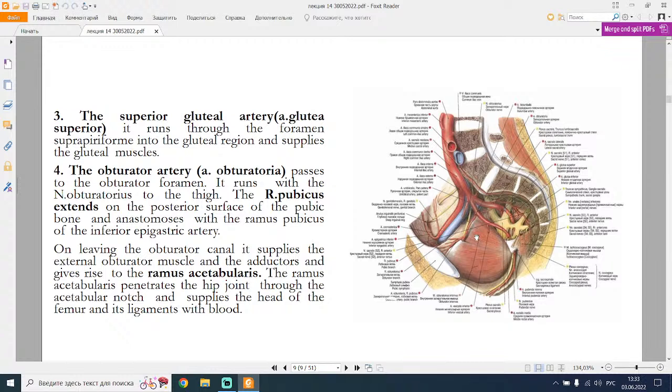Next artery, arteria obturatoria, passes to the obturator foramen. It runs with the nervus obturatorius to the thigh. The ramus pubicus extends to the posterior surface of the pubic bone and anastomoses with the ramus pubicus of the inferior epigastric artery.